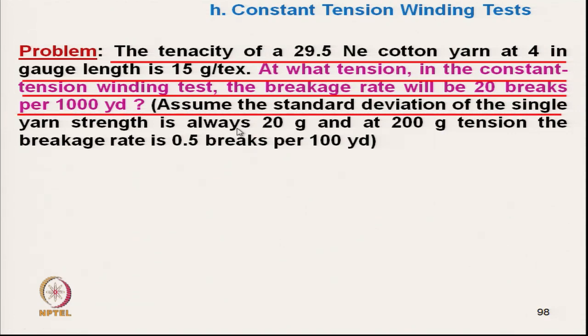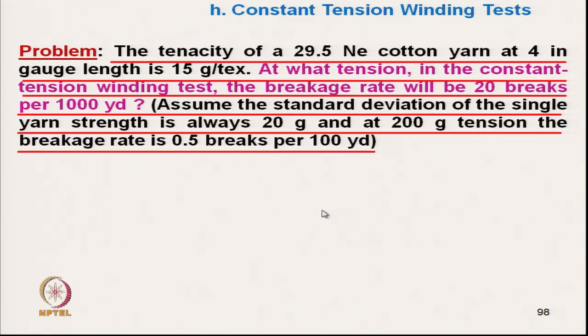Another condition is that we have tested the same yarn, which at 200 gram force tension gives a breakage rate of 0.5 breaks per 100 yard. So there are 3 conditions.